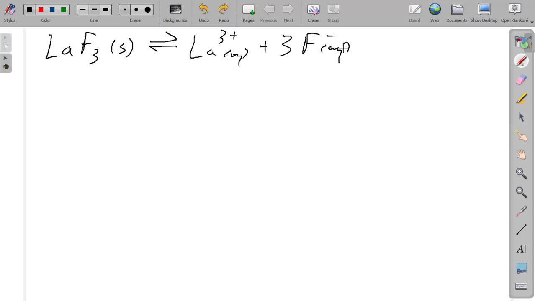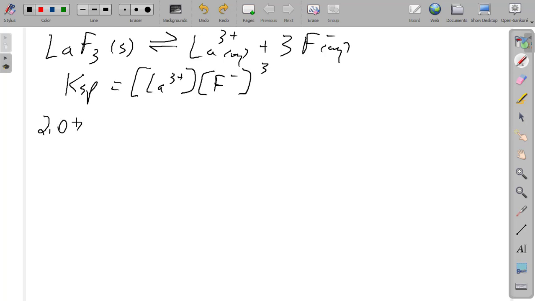Okay, so now we need a KSP expression. KSP is going to be equal to the concentration of lanthanum times the concentration of fluoride raised to the 3rd power. All right, so now in this case we know that the KSP is 2.0 times 10 to the minus 19th, but we don't have any other data to get the concentrations of the ions.